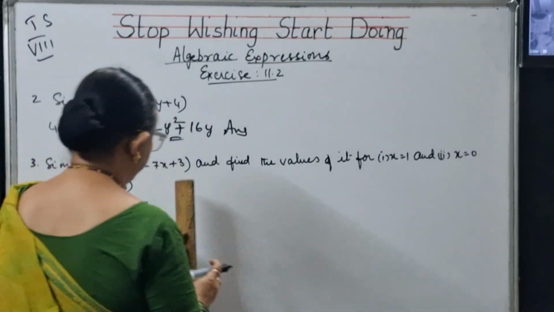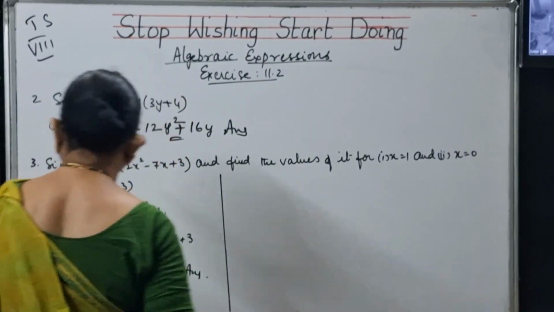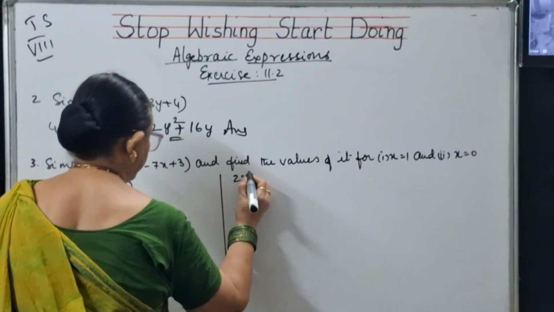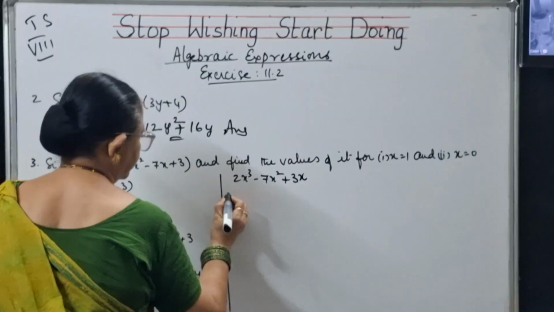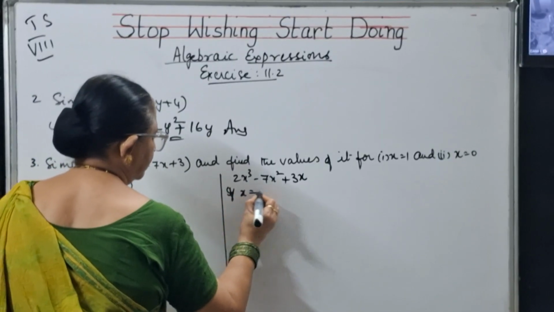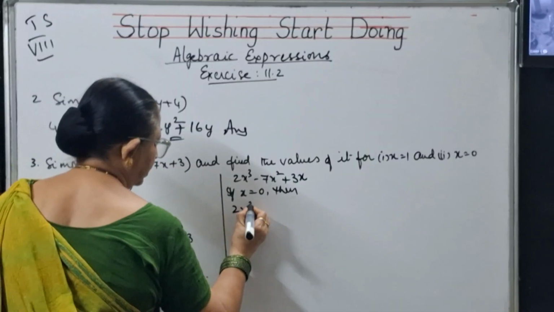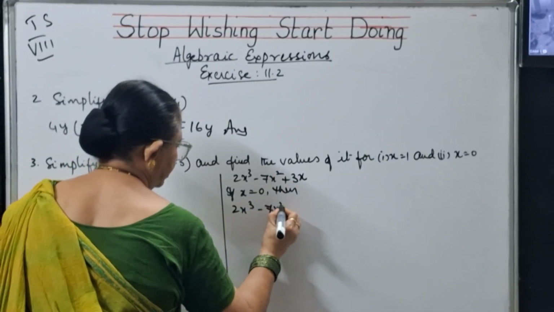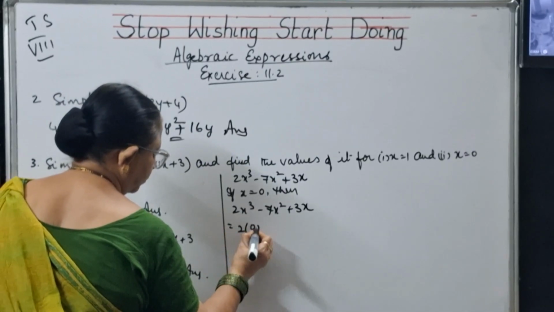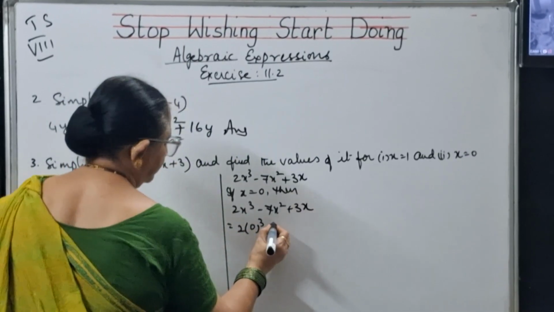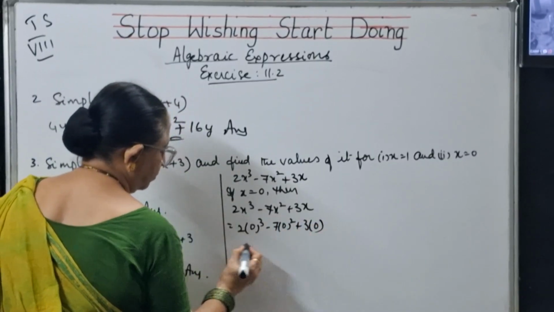Now, if x is equal to 0, then 2x cube minus 7x square plus 3x is equal to 2 into 0 cube minus 7 into 0 square plus 3 into 0.